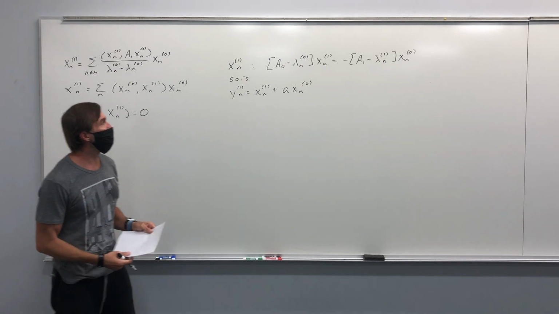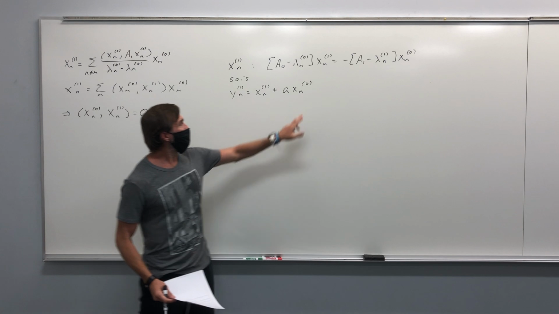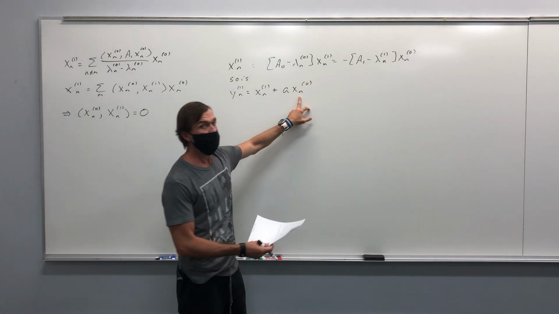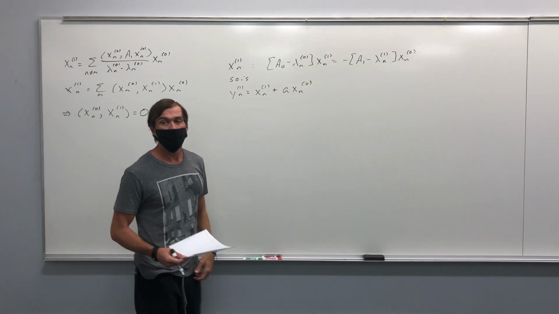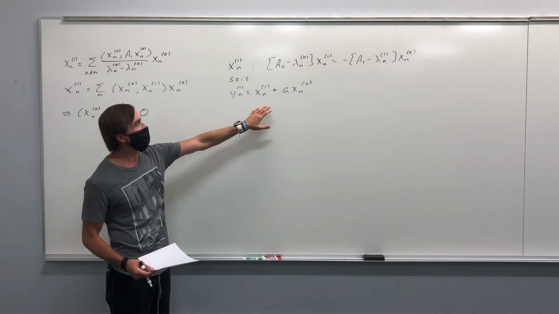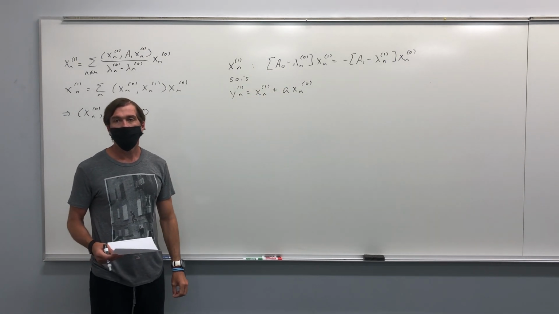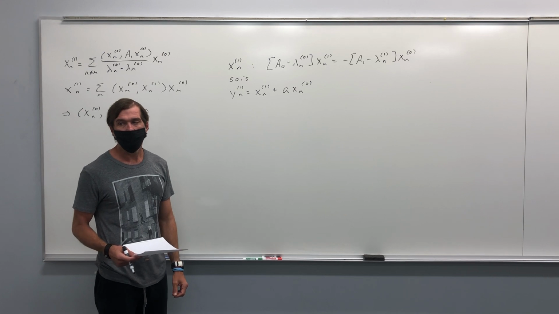Can anybody see why this would be a solution as well? What does this satisfy? Does anybody remember? It is, but is there an expression that it satisfies that's associated with this one? If you just put the y in there.